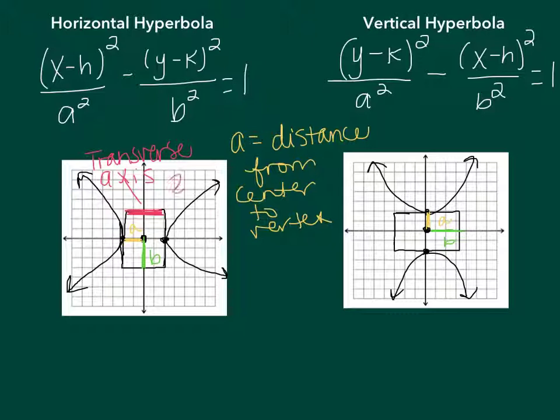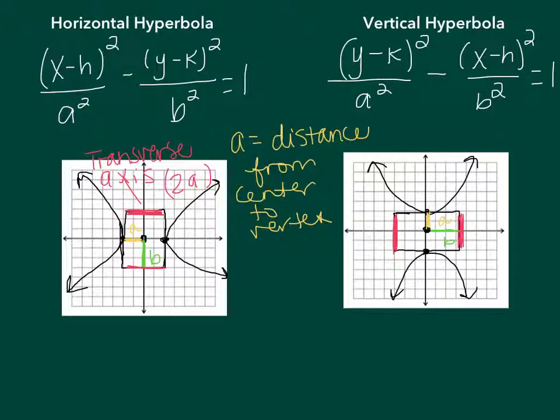That's the length, 2 times a, because this is a, and another a, that's 2a. That's the length of that transverse axis. And over here, if it's a vertical, your transverse axis is still in between the two vertices like that. So these are transverse axes.